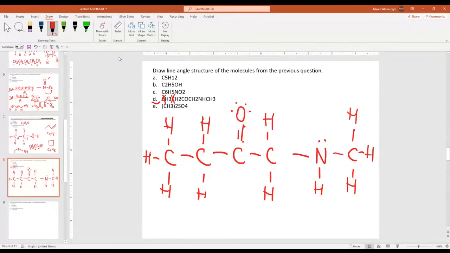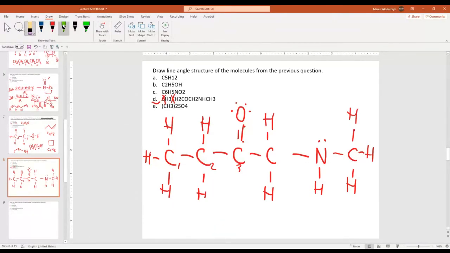Now, if you want to draw the line angle formula for this molecule, that would look like this. 1, 2, 3, 4 different carbons here. Let's call this one 1, 2, 3. So at carbon number 3, we have a double bond. Let me move it up a little bit.